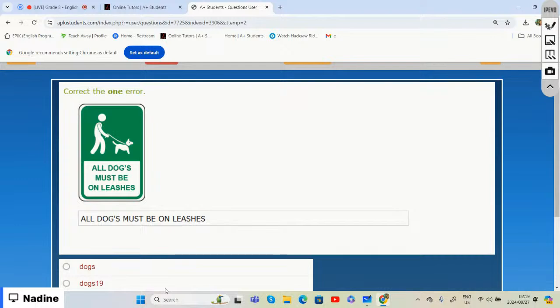Which one is correct? So we need to choose the correct option.